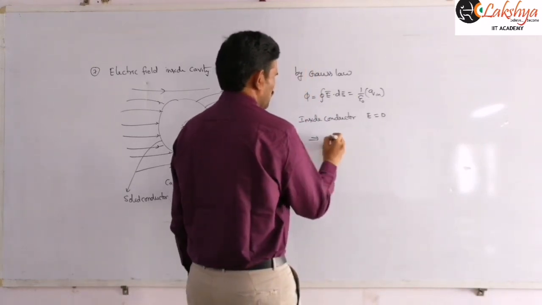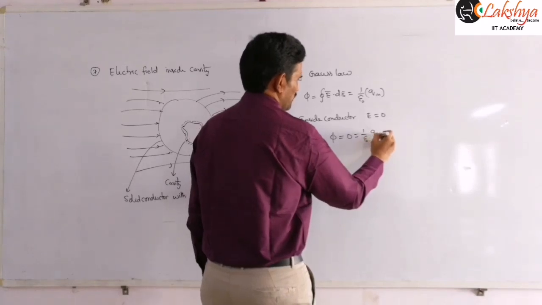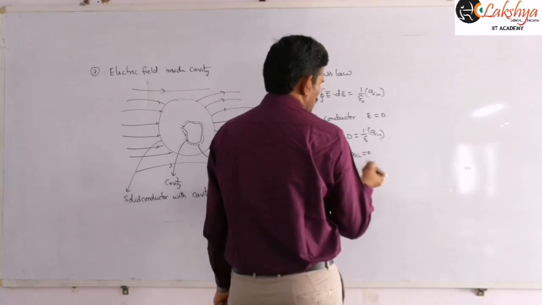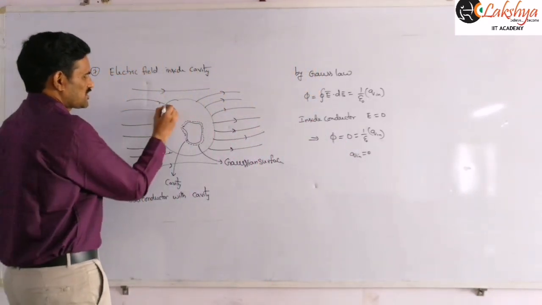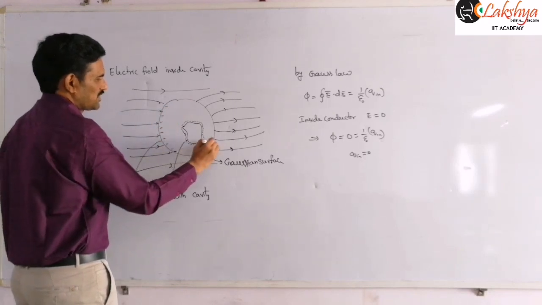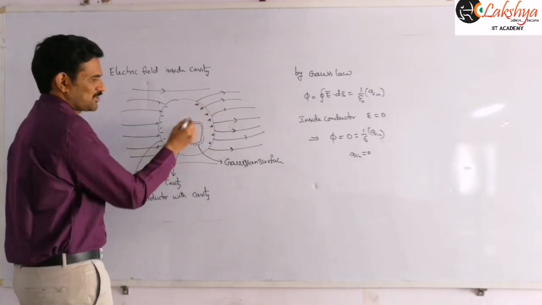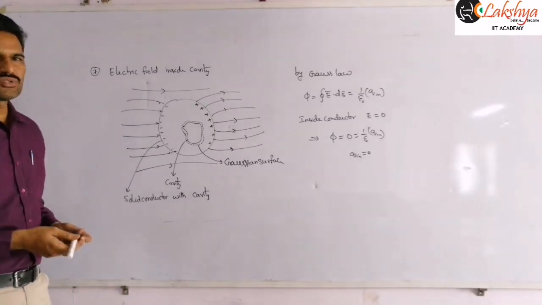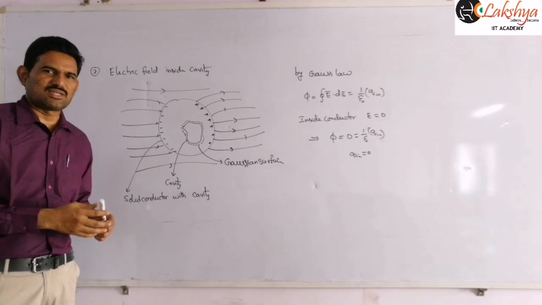Therefore phi is equal to 0, which is equal to 1 by epsilon naught times q in. That means q in is 0, so no charge will be induced inside the conductor. If any charge induction takes place, it takes place only on the outer surface of this conductor. No charge is induced inside the conductor, and when no charge is induced inside it, no electric field will be present inside that.